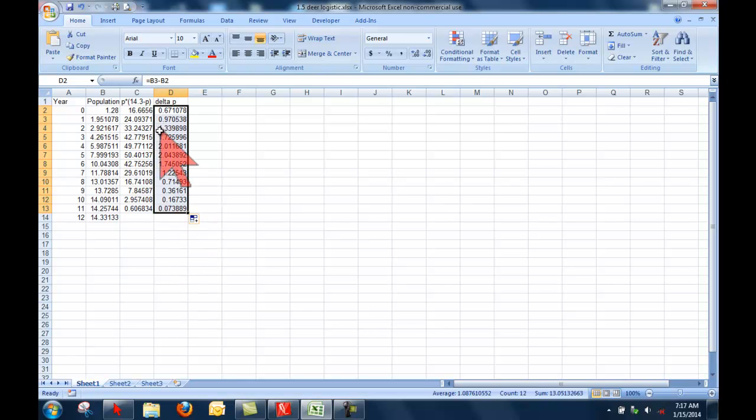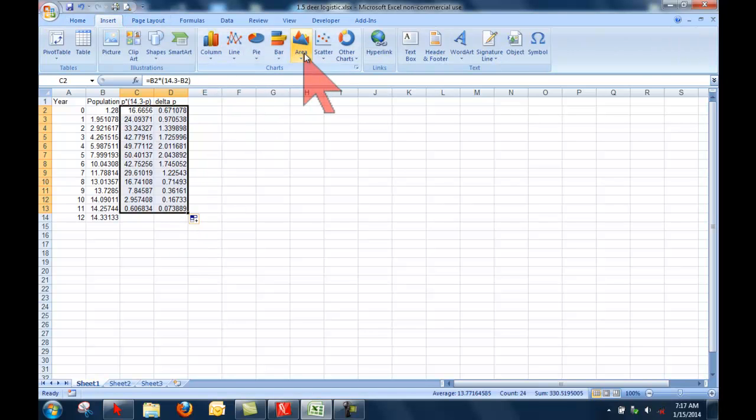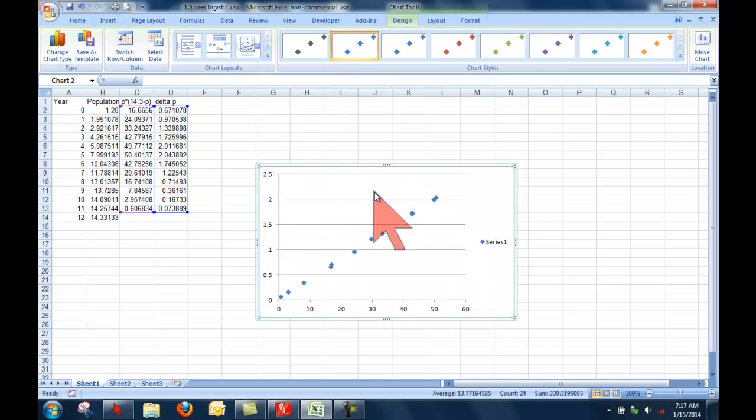Okay, then here are my proposed new independent variables, my proposed new dependent variables. Let's have Excel do a scatter plot for this data. And indeed, there is a line, approximately, very, very close to a line actually.